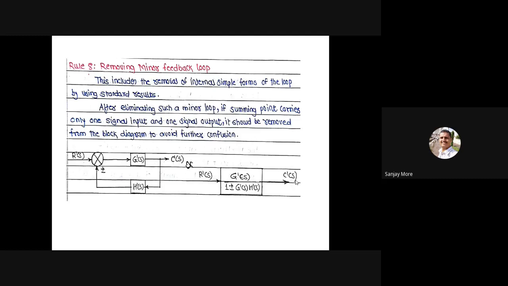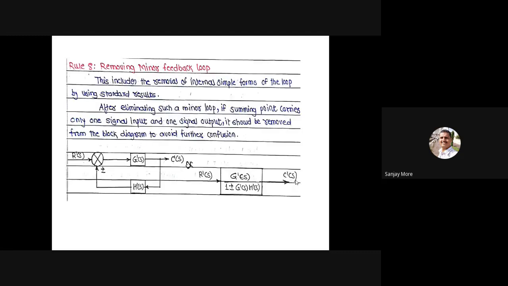And after eliminating such a minor loop, if the summing point carries only one signal input and one signal output, it should be removed from the block diagram to avoid further confusion. Okay, so draw and write down. Rule number 8. This is the last rule of reduction of block diagram. Draw it and write down.